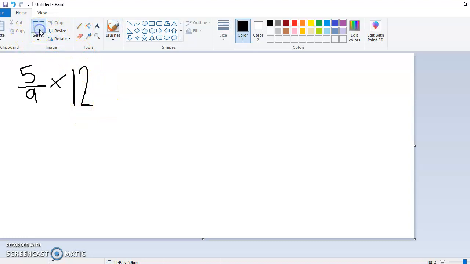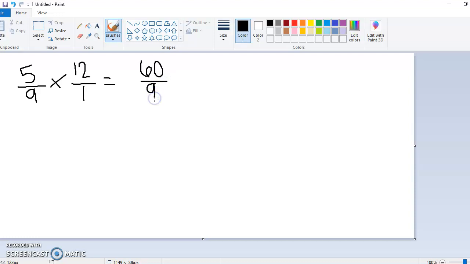I'm actually going to get rid of that big 12 and put it over 1. 12 over 1. And then same thing, multiplying across. So 5 times 12 is 60. And 9 times 1 obviously is 9.